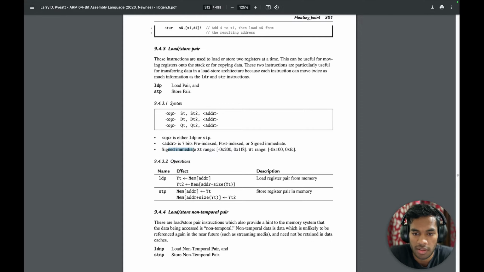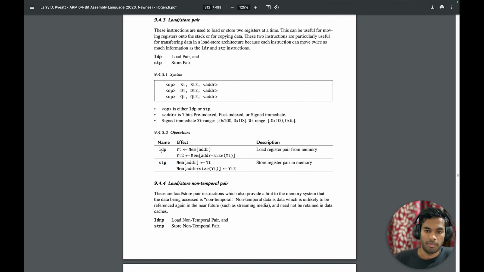WT range. That is when I'm using 32 bits, then the range becomes half. Load pair, store pair, and this happens. Load registers from memory and then store registers into memory.